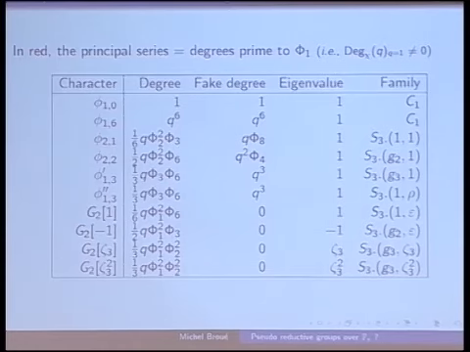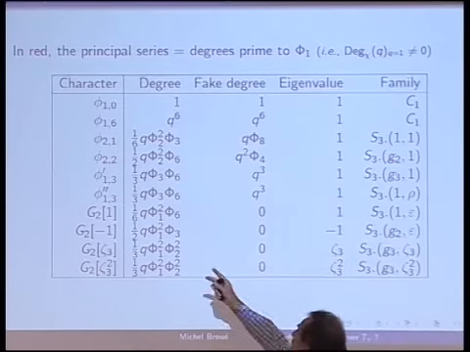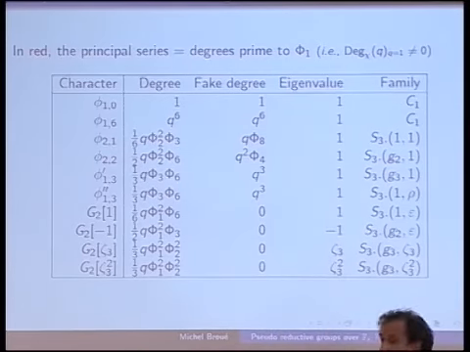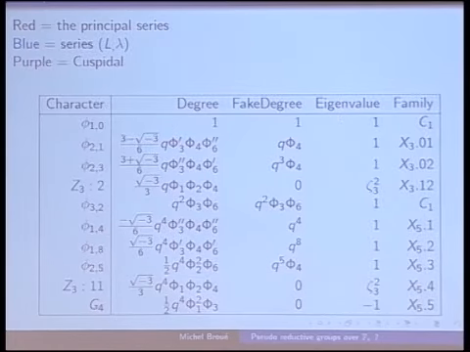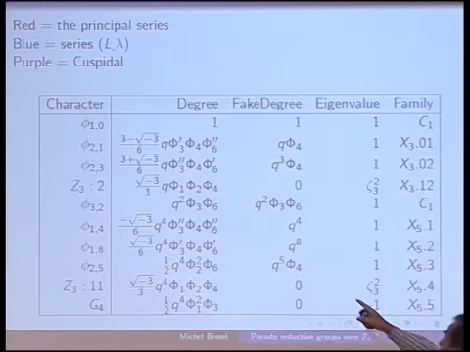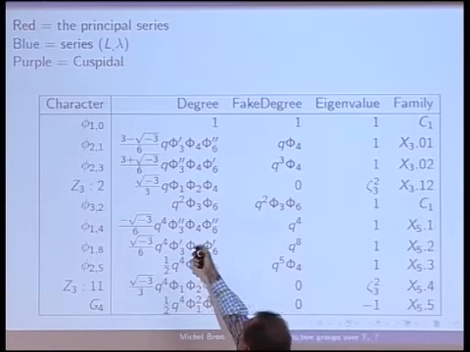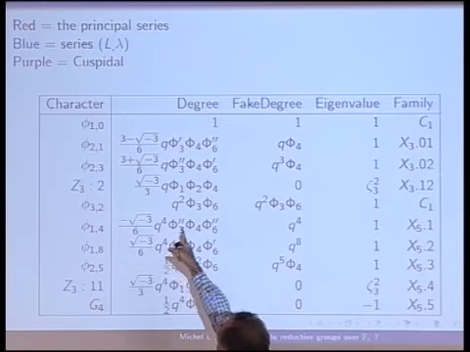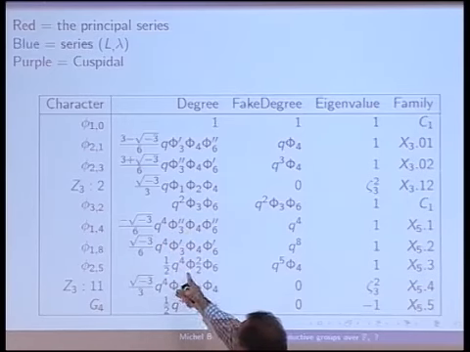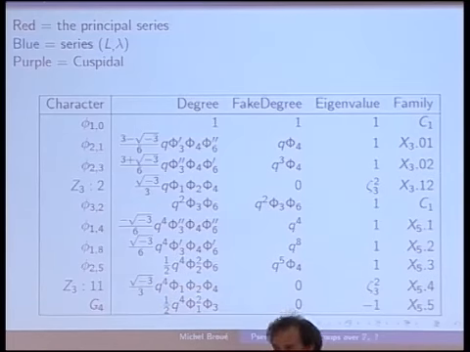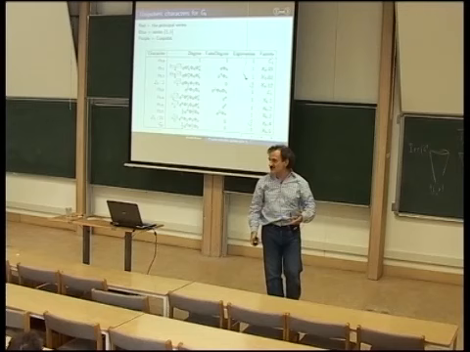And so you just compute the number of characters and you find these characters have to be in bijection with the characters of the Weil group of G2. Now, in that case, it's the same. The characters of the principal series, which you would see if they were in red, the first three ones and these ones here, are those which are not divisible by phi1. This is the first condition, but we can go on.